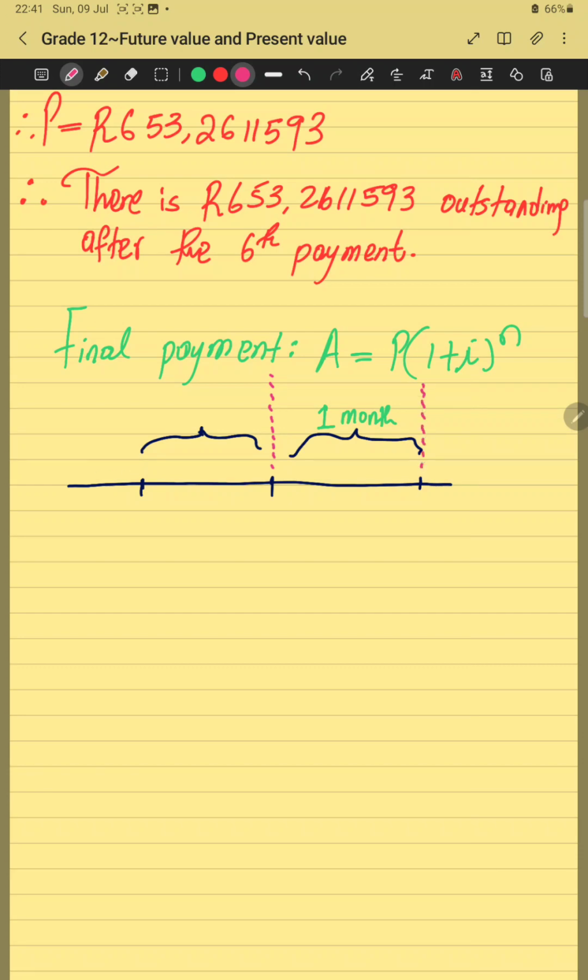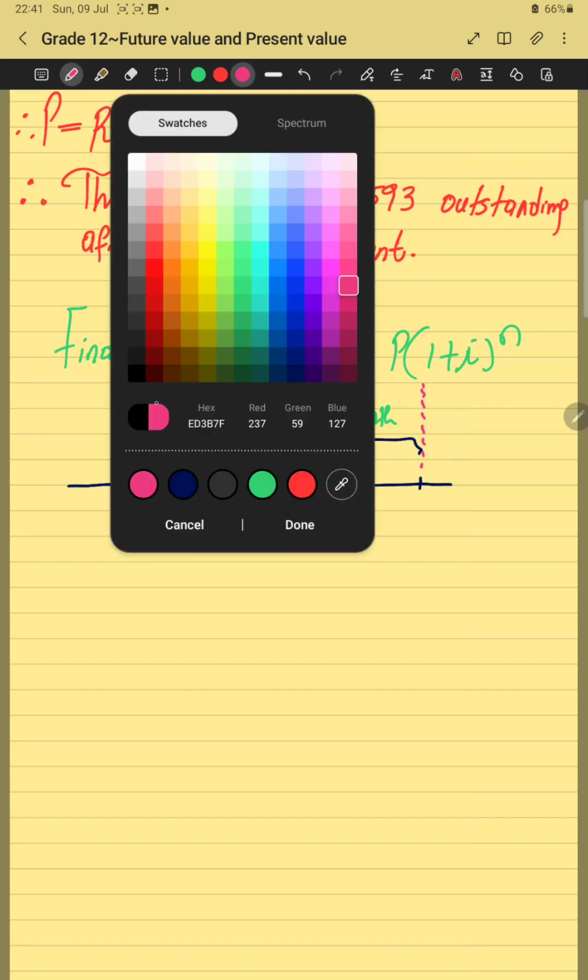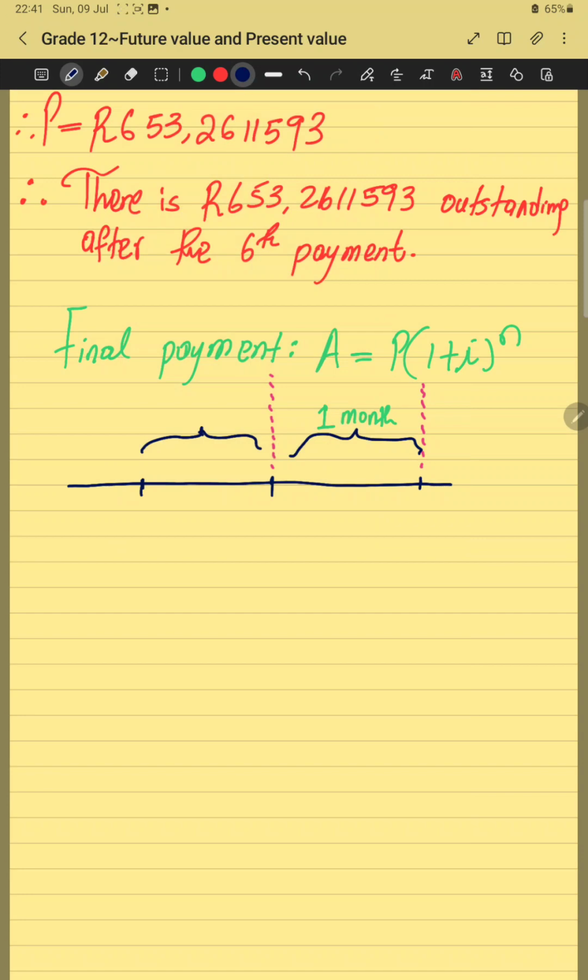Okay, and then from here, the next thing is using this column, right? And this one represents the final payment.